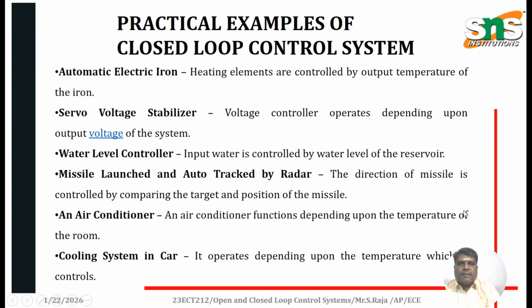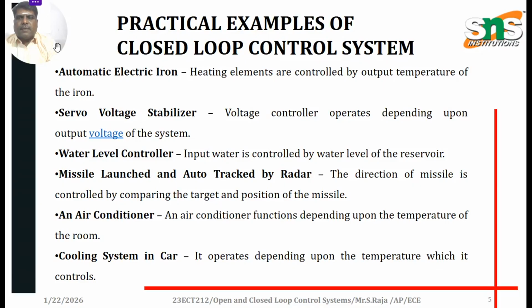Next, practical examples of closed loop control system. First, an automatic electric iron: heating elements are controlled by the output temperature of the iron. Servo voltage stabilizer: the voltage controller operates depending upon the output voltage of the system.